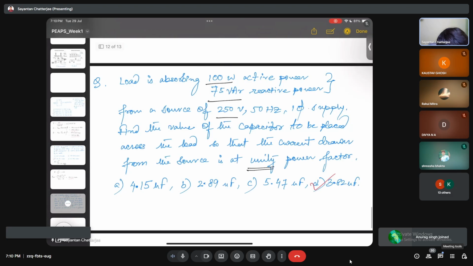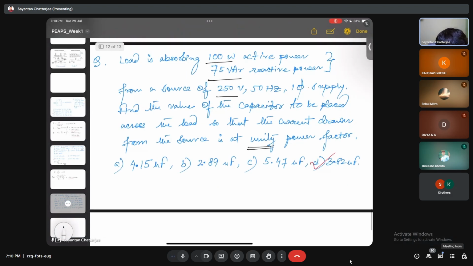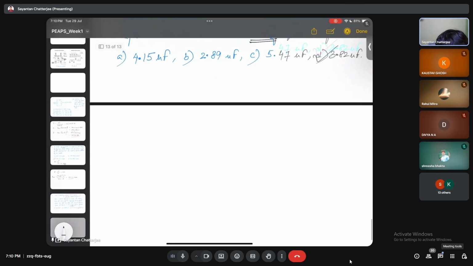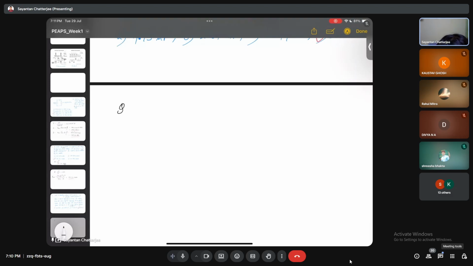So the 75 VAR is the reactive power the load is absorbing. Somebody needs to deliver that, right? So the capacitor is delivering. So we may directly say that the reactive power from the capacitor end is, as previously seen, V square by Xc. From here we can calculate the value of Xc since we need to find the value of capacitor.